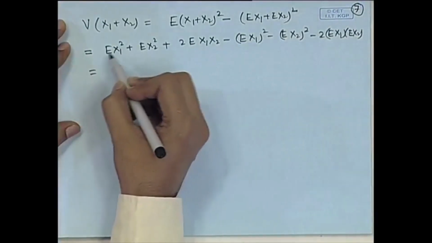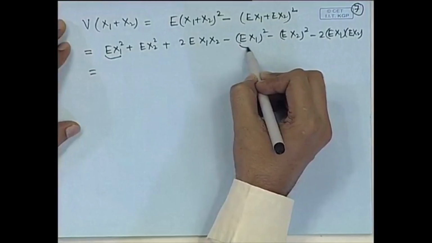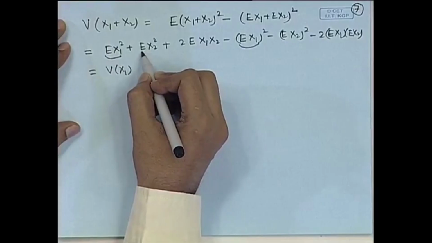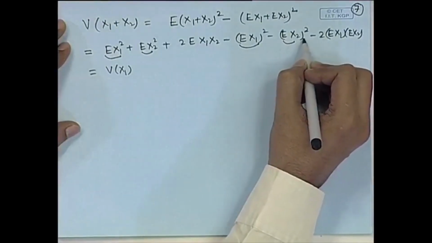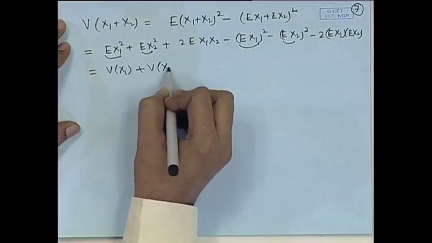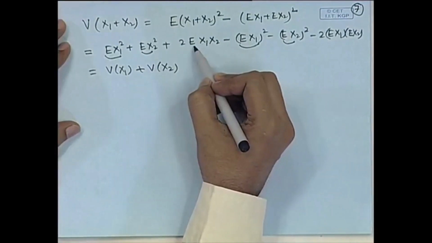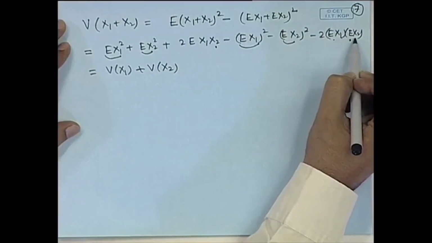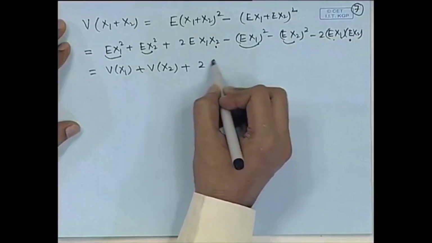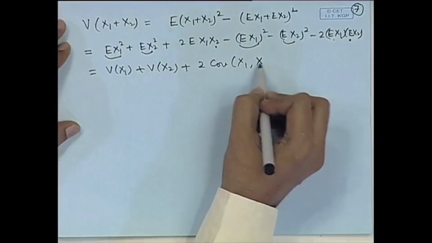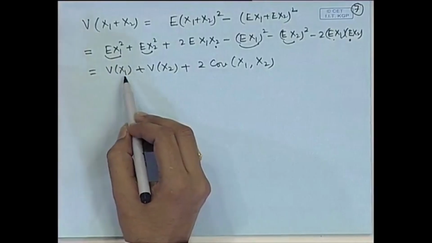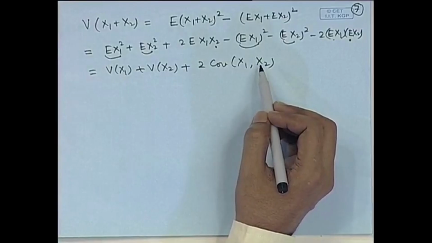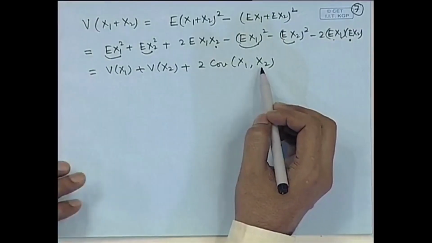If we combine expectation of x 1 square with (expectation of x 1) whole square, this is variance of x 1. In a similar way, expectation of x 2 square combined with (expectation of x 2) whole square leads to variance of x 2. Now, the cross product term, that is expectation of x 1 x 2 minus expectation of x 1 into expectation of x 2, is nothing but the covariance term. So, variance of a sum is equal to the sum of the variances plus twice the covariance of x 1 x 2. So, there is an additional term here.